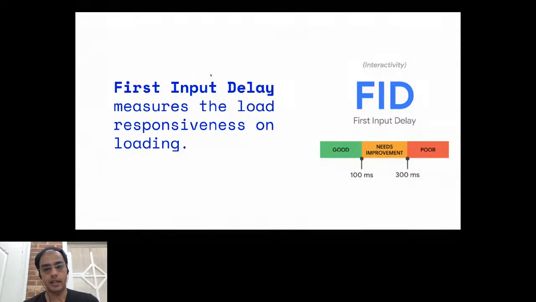The second metric is regarding interactivity. And this is also a very important part of the user experience. If a user comes to your website, they're not there to just look at the website, right? Just stare at the website. They're there to interact with it. They'll be scrolling on the page. They'll be clicking on buttons.